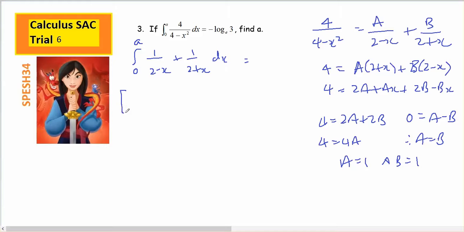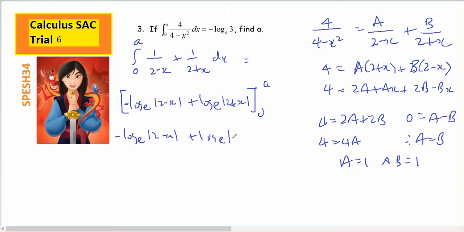So I've got negative log base e of 2 minus x, because I had a negative out the front, plus log base e of 2 plus x from 0 to a, which is negative log base e of 2 minus a, plus log base e of 2 plus a, plus log base e of 2 minus log base e of 2, and they sum to 0.